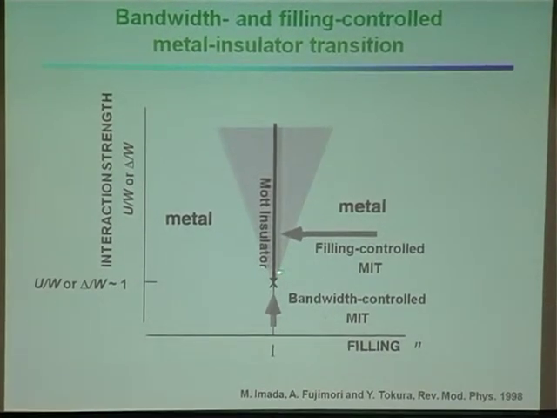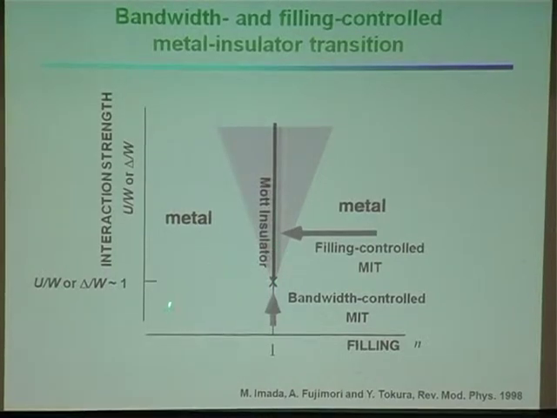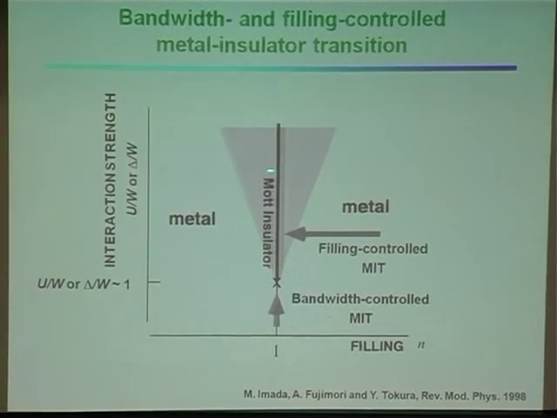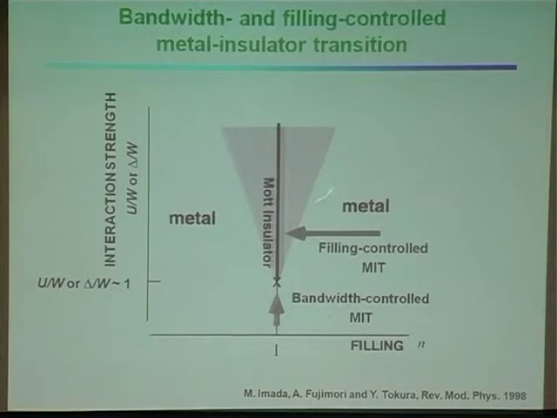Above a critical point for integer band filling, in this case 1, the system goes to a Mott insulator, and otherwise systems are so-called correlated metals. And there is some insulating region, maybe due to disorder or charge ordering, around the Mott insulator line.